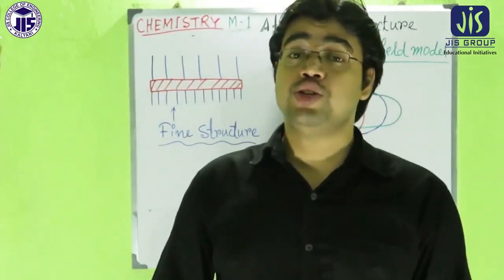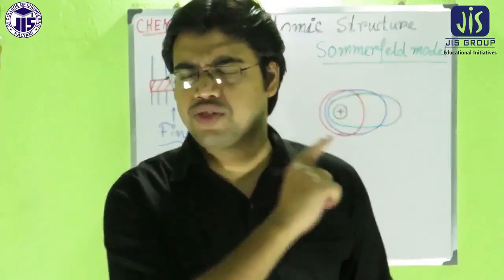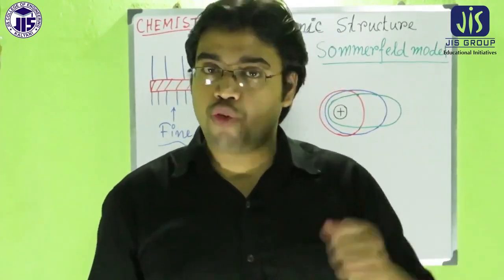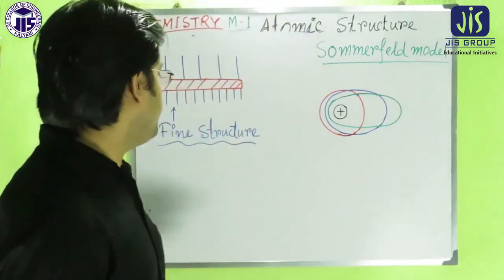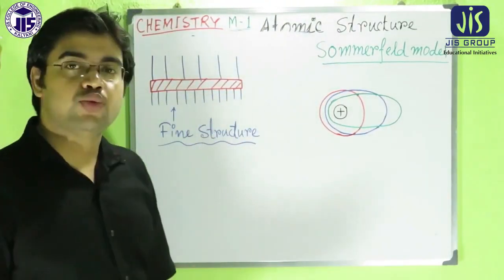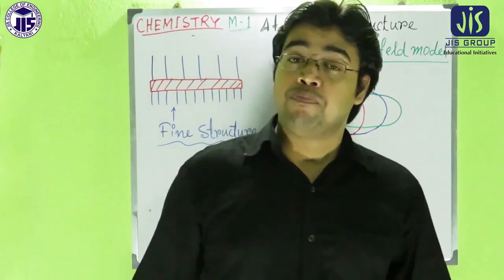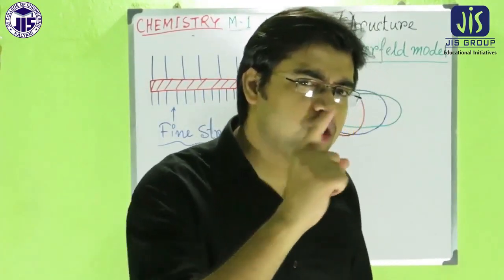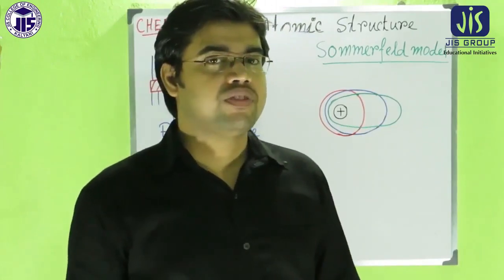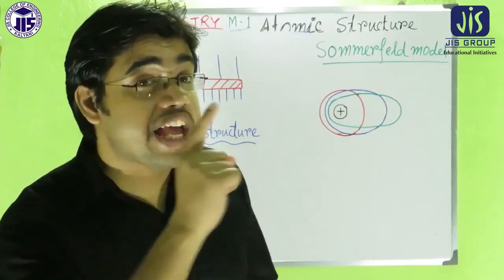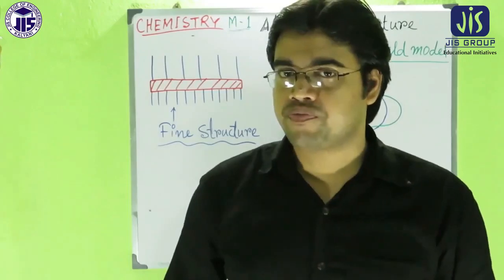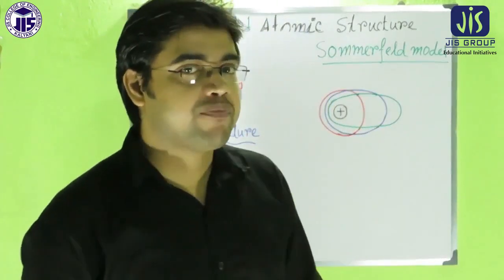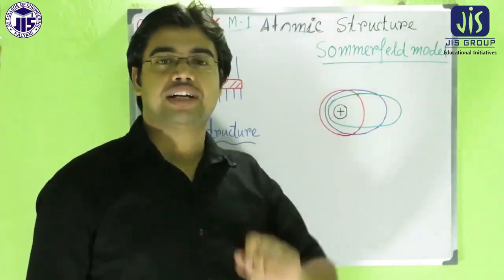Fine structure means that each and every line of the light spectrum, when passed through a high resolving power spectrophotometer, is split into small lines. Those small lines indicated that there must be some kind of sub-energy level, but that was not explained by Niels Bohr, and that's why the next scientist came to the field, and he was Sommerfeld.